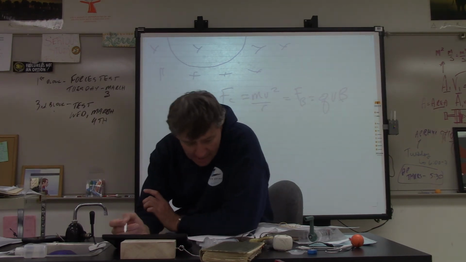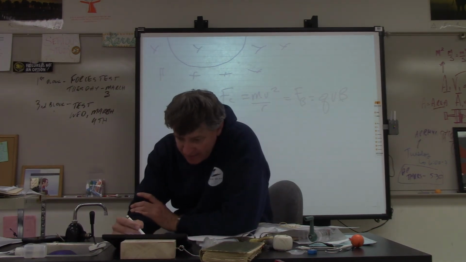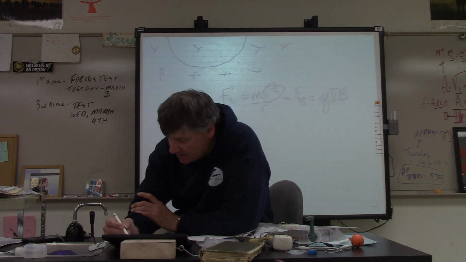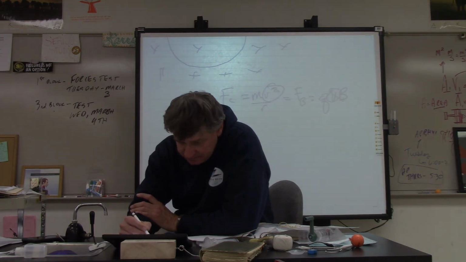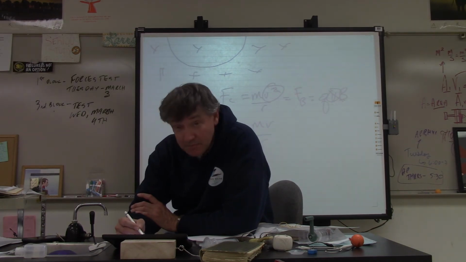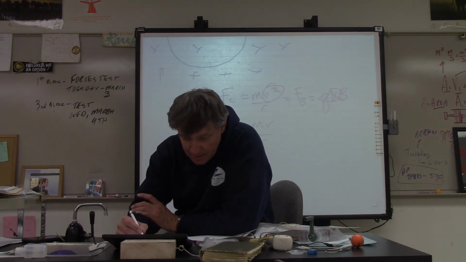Now, if you look at what happens here, I've got a velocity here and I've got a velocity here, so I can drop out one of those. So I've got mv over r, otherwise known as momentum, equals QB, and not the quarterback because we can't have sports right now.